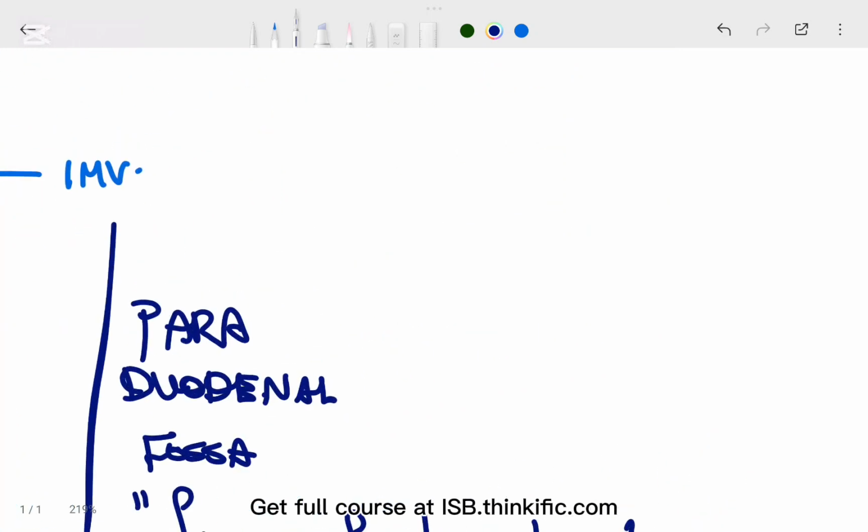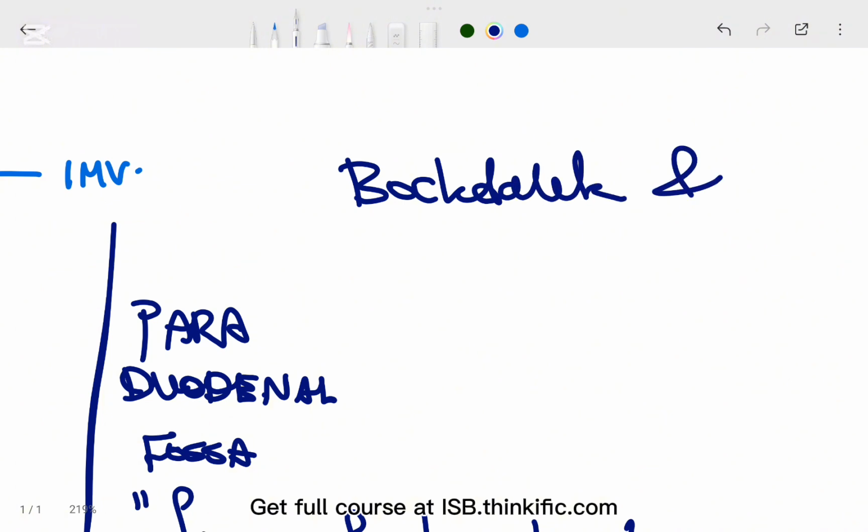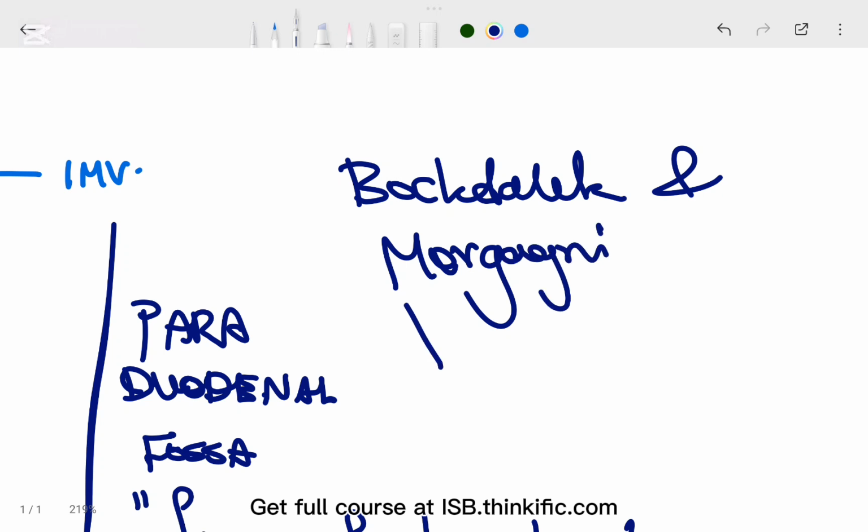Remember Bochdalek, a form of internal hernia, and there is Morgagni. Bochdalek and Morgagni hernia, remember that? Can also be a form of internal herniation, or an acquired diaphragmatic defect, like in trauma.